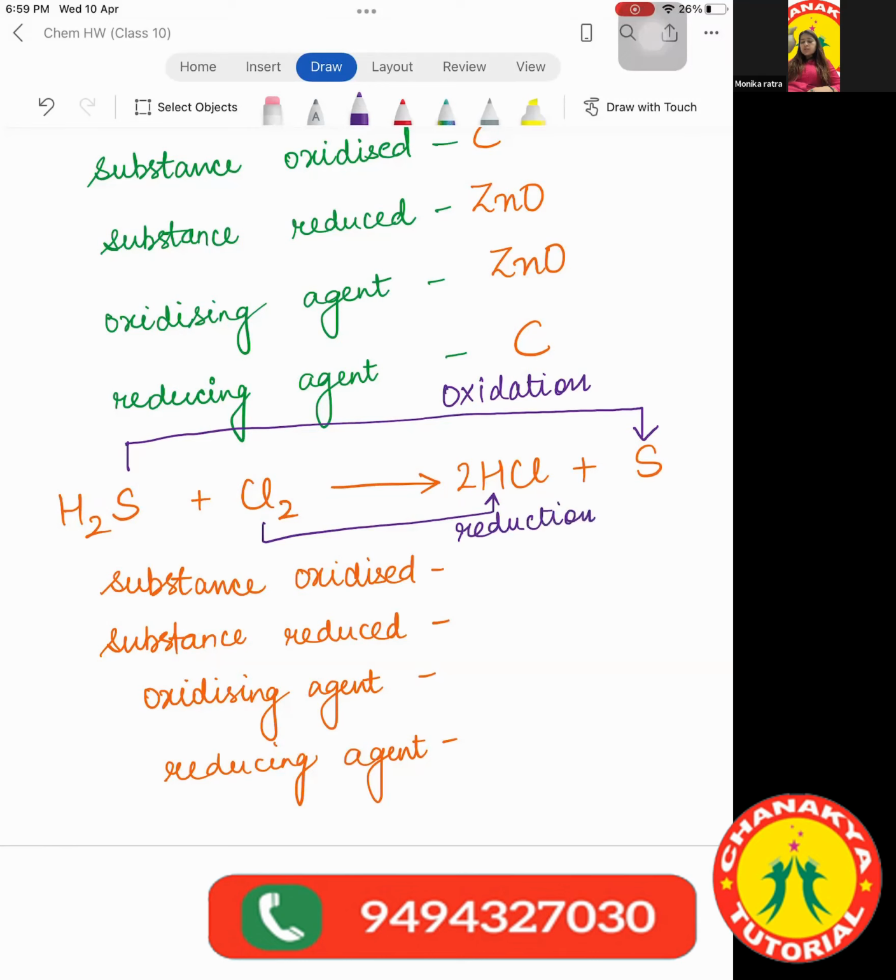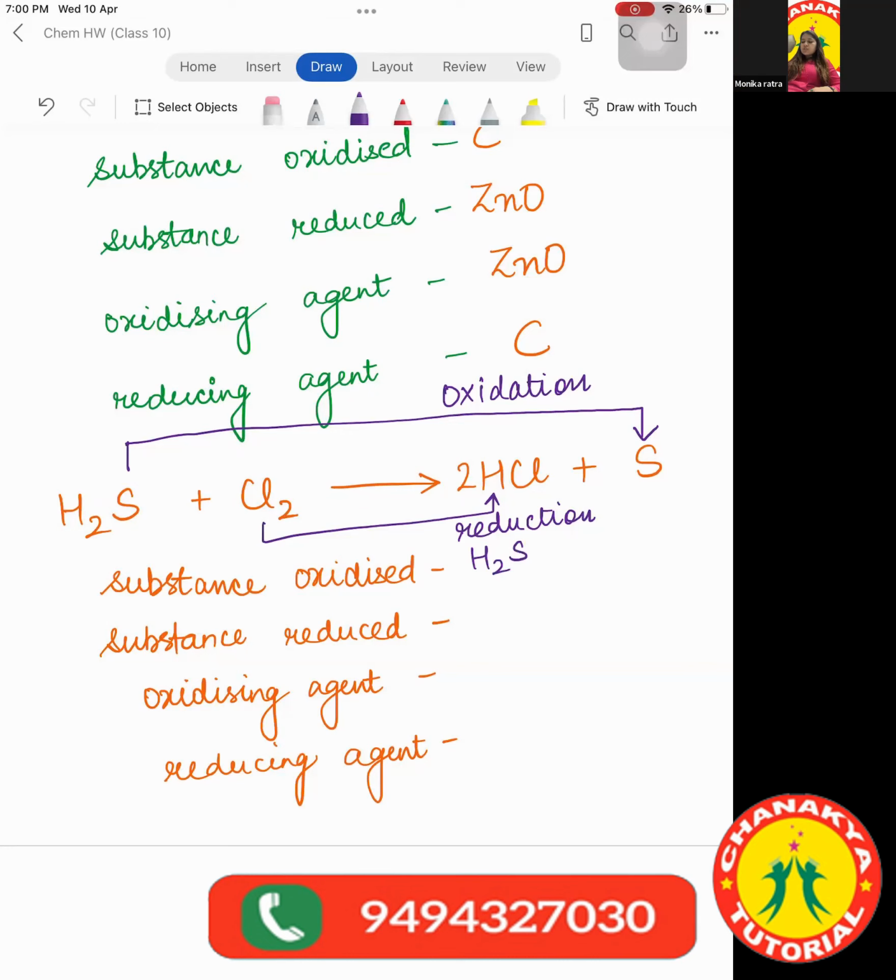Now, who will tell me? Meher, can you tell me the substance oxidized? Ma'am, chlorine. How come chlorine? Sulfur. Sulfur is on the product side. Product side is never the answer. It is H2S.